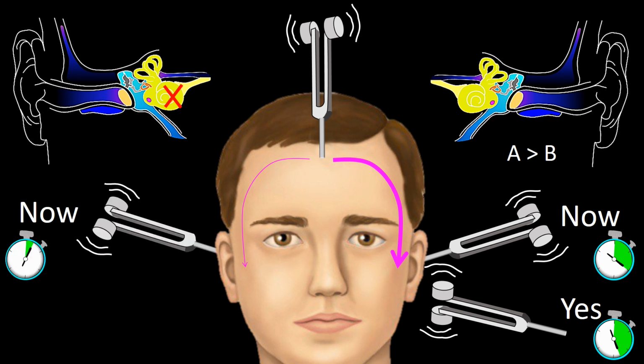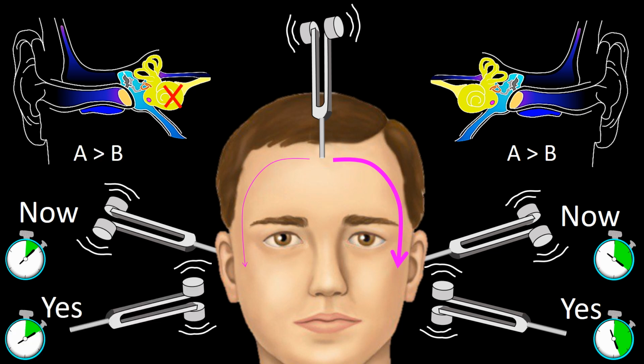On the right ear, bone conduction is present, but only for a short time, and it ends quickly. And air conduction is also heard after bone conduction stops, also for a short time. Hence, the relation between bone and air conduction is kept.